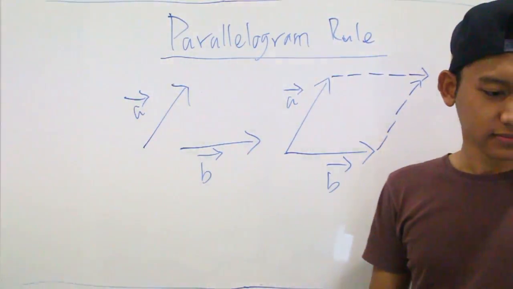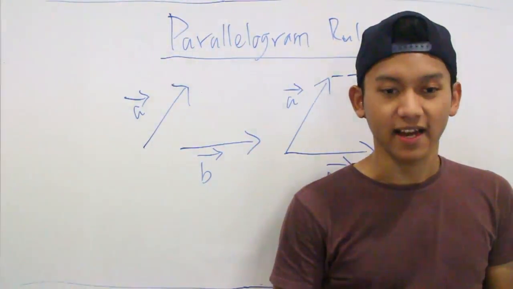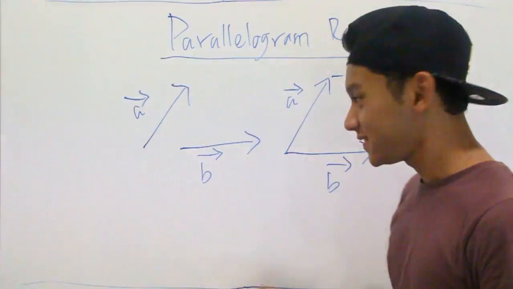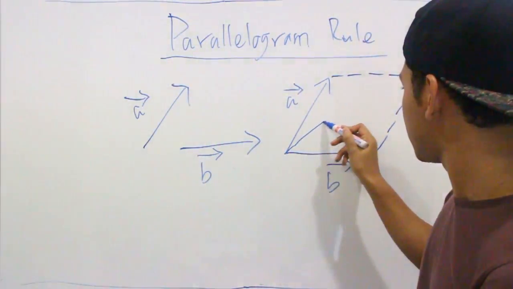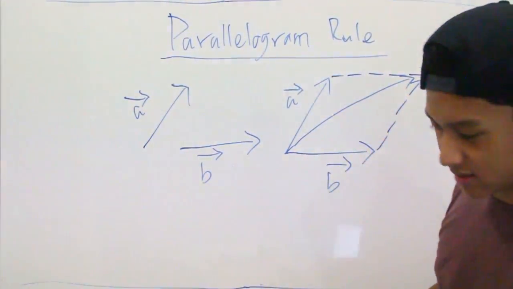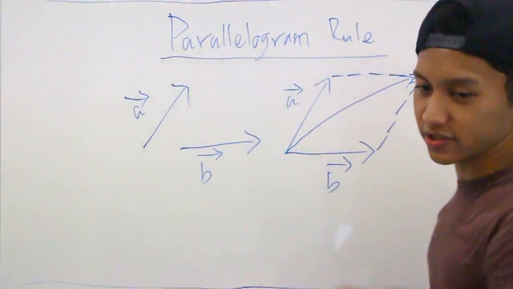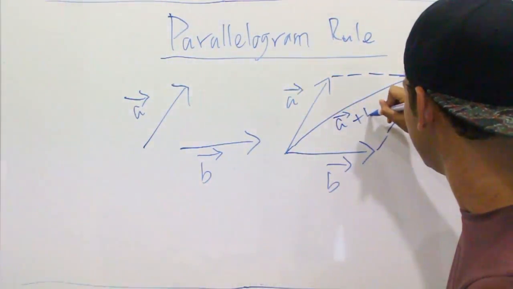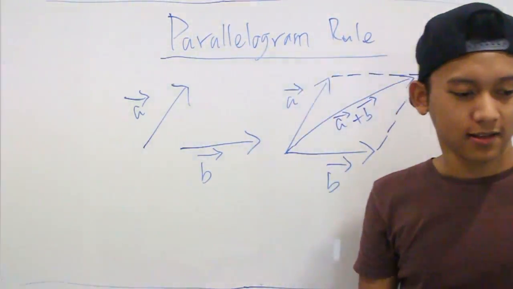The resultant vector is given by the diagonal of the parallelogram, starting from the common tail point. This is the resultant vector, from the tail to the diagonal. This is vector A plus B using the parallelogram rule.